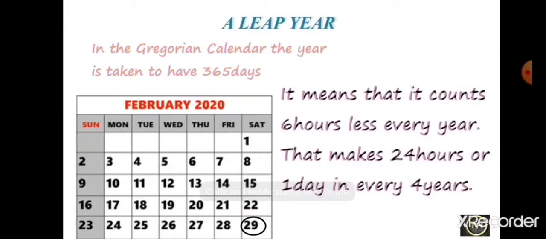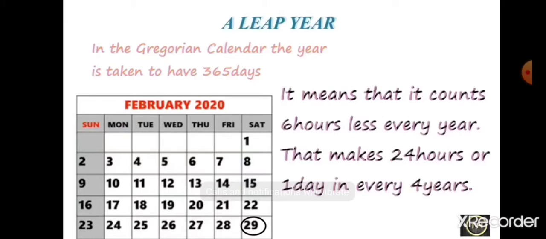Leap year. In the Gregorian calendar, the year is taken to have 365 days. It means that it counts 6 hours less every year. That makes 24 hours or 1 day in every 4 years.